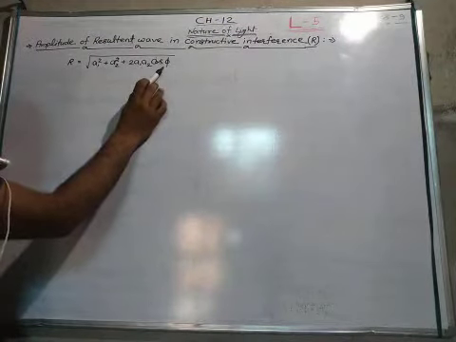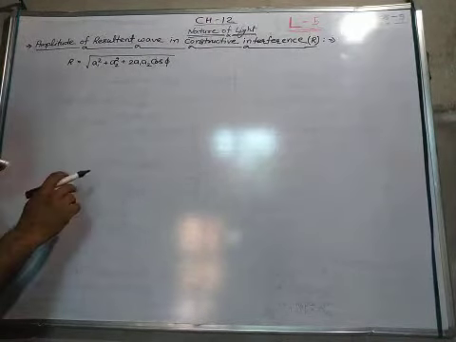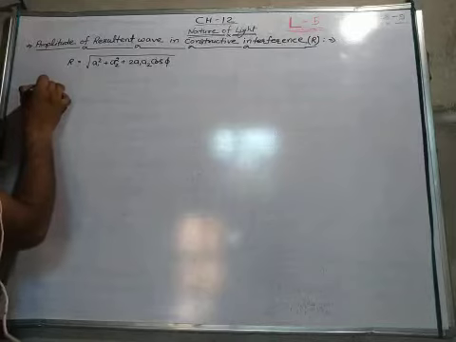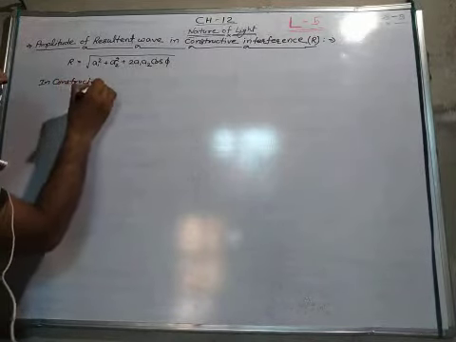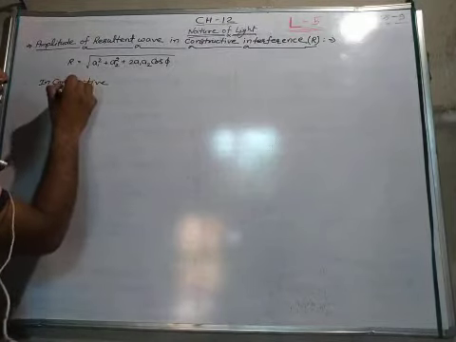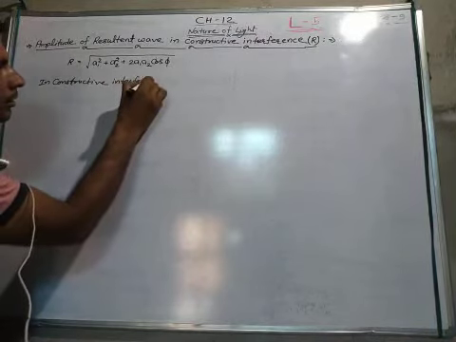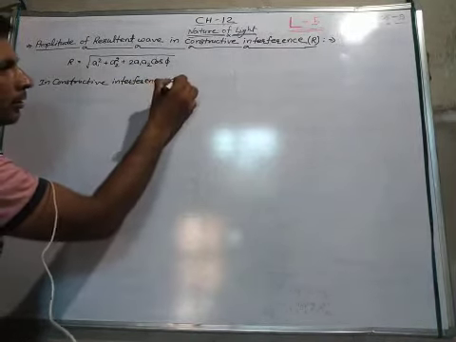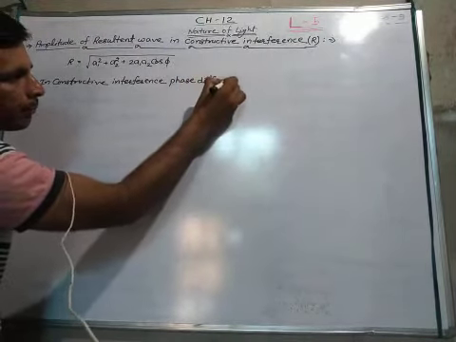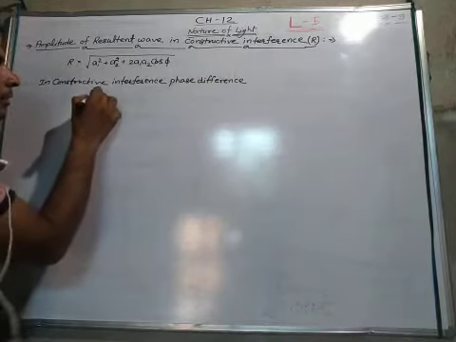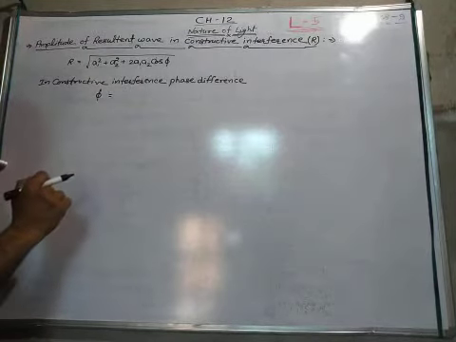In constructive interference, phase difference phi is an even multiple of pi.